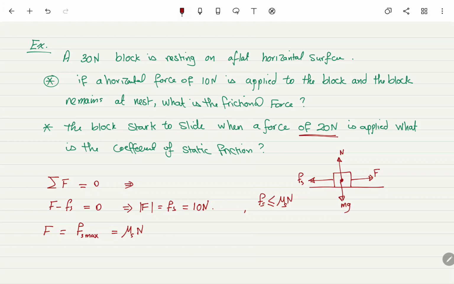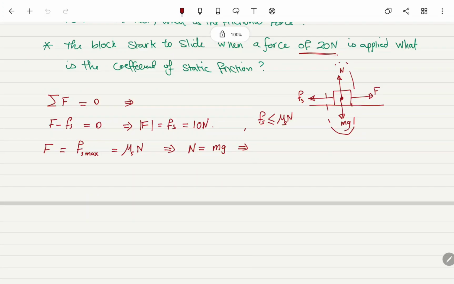So the Fs in this case is equal to mu s n, or you can say that here from the y equation, sum of all forces on y, on this one here, and in this case n is equal to mg, or mu s equal to F divided by n, or 20 divided by 30.